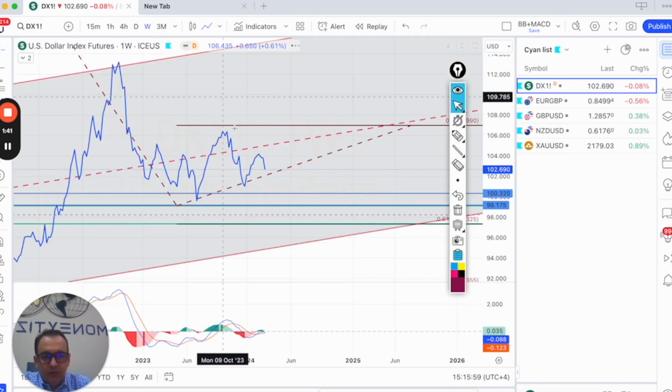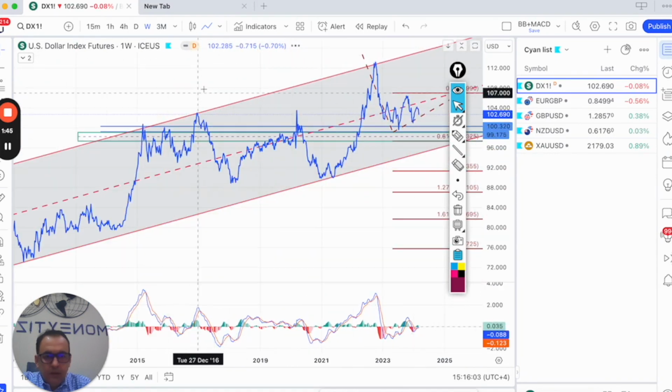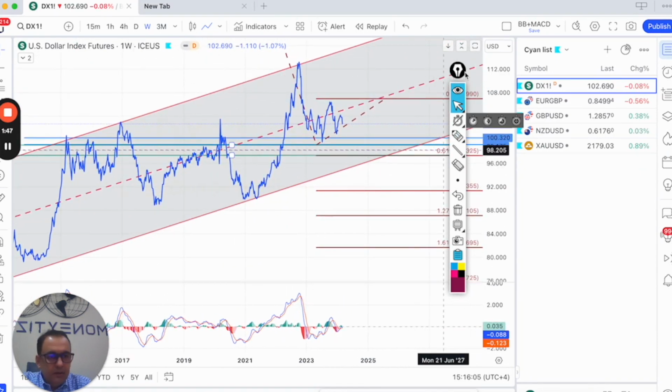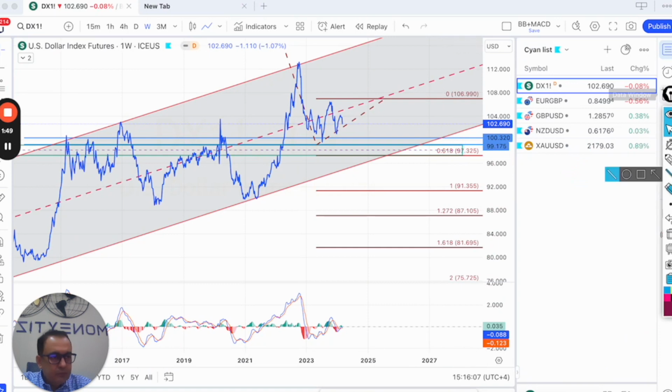Now moving back to weekly. Based on the weekly, I have marked here the previous highs, which are now going to serve as support, and here. So this is a strong area of support.